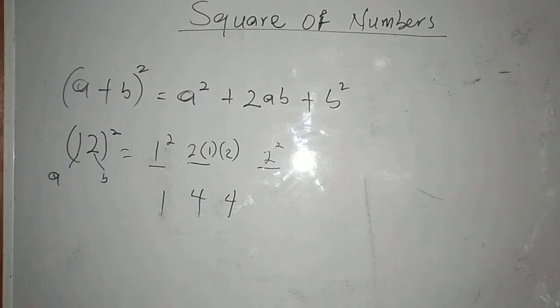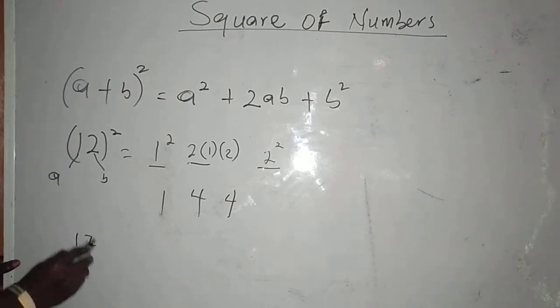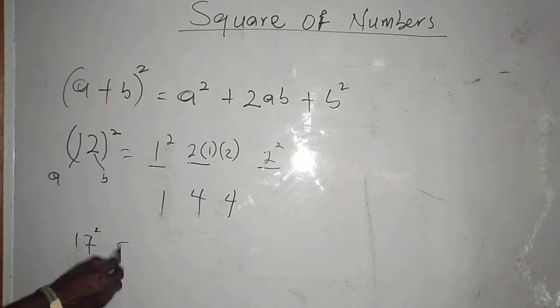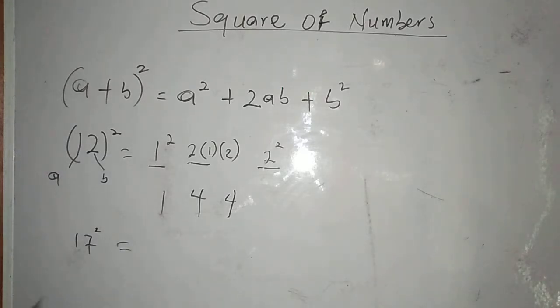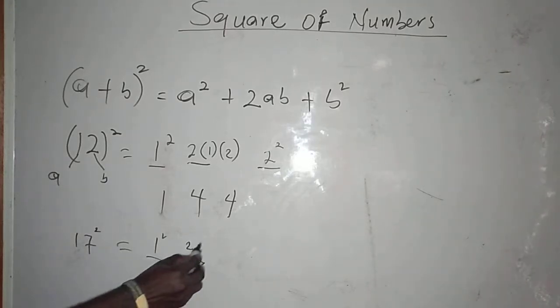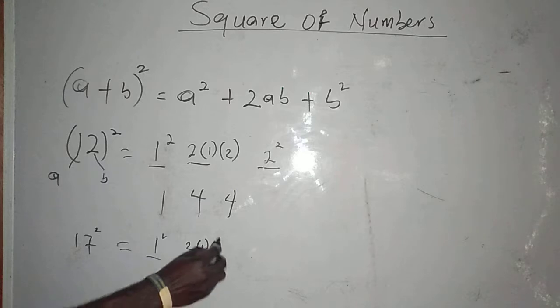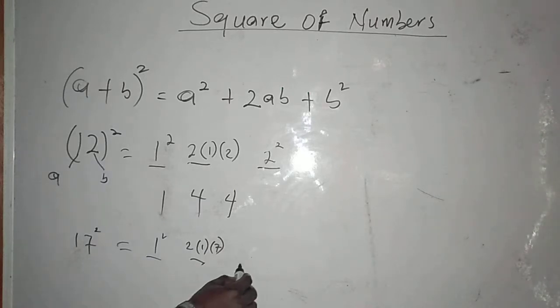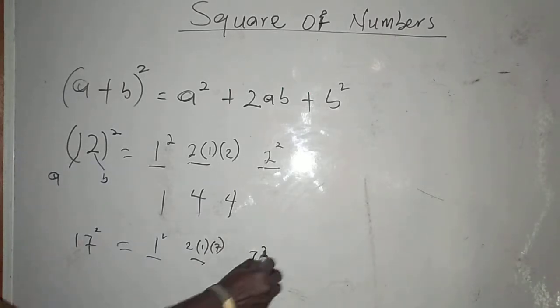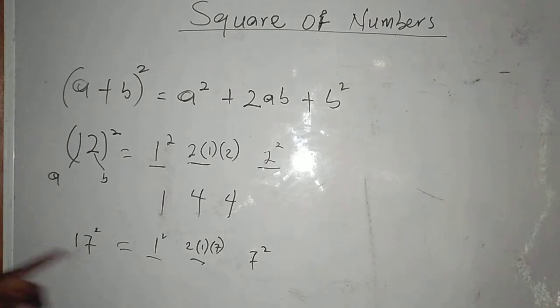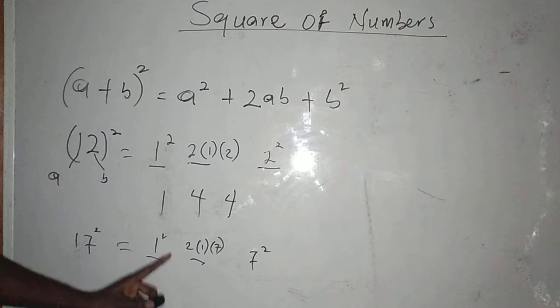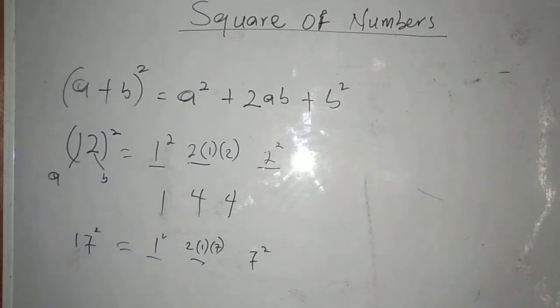The same way, if I have 17 squared, my 1 is A, my 7 is B. Now, 1 squared is the first term, 2 times 1 times 7 is the second term, and the last one will be 7 squared. The first number can take more than 1 digit, but the numbers below the first can take only 1 digit.